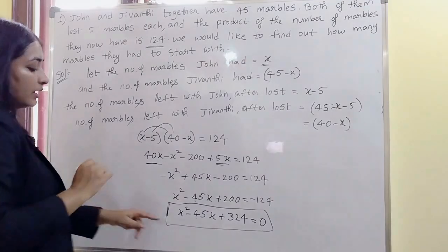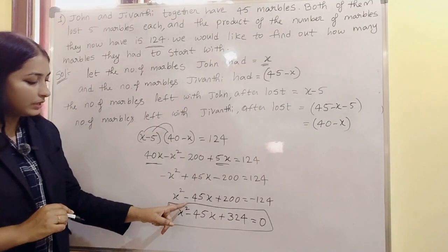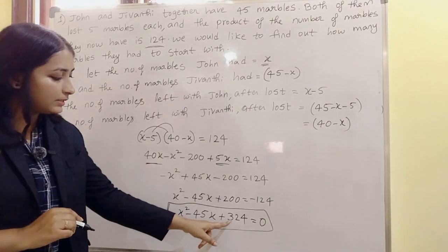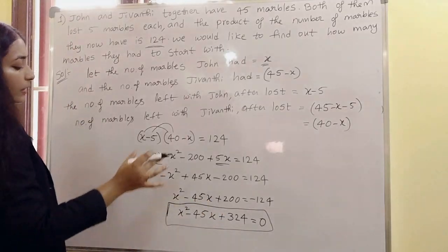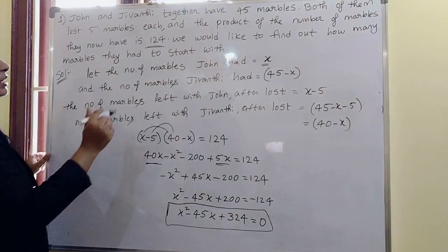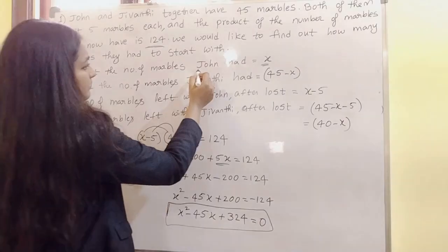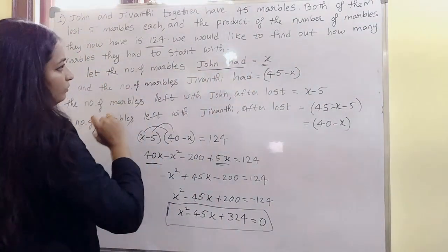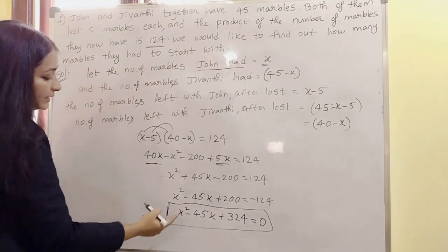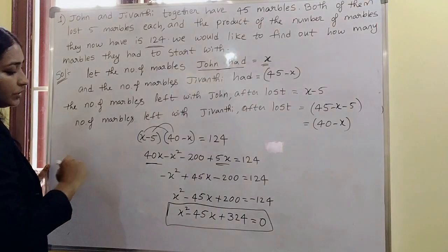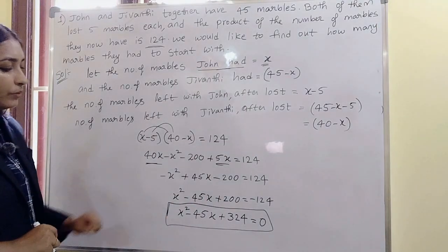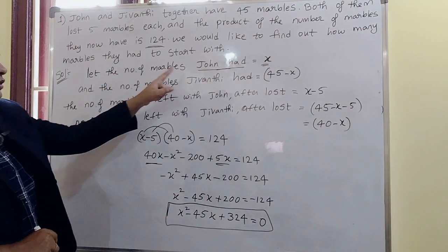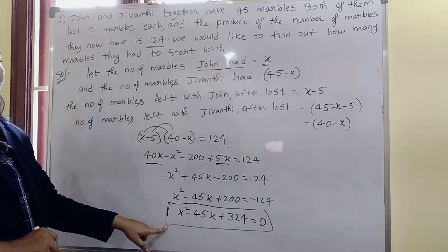It is in the form of ax square plus bx plus c is equal to 0, right? So here what is x? That is the number of marbles John had initially. So this x value satisfies this quadratic equation, and the number of marbles of John will satisfy this equation.